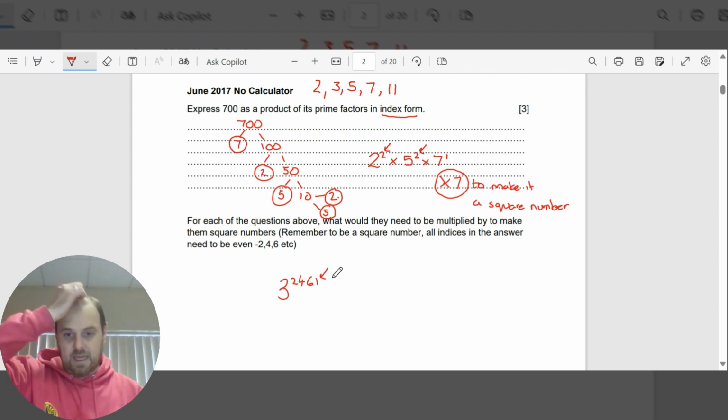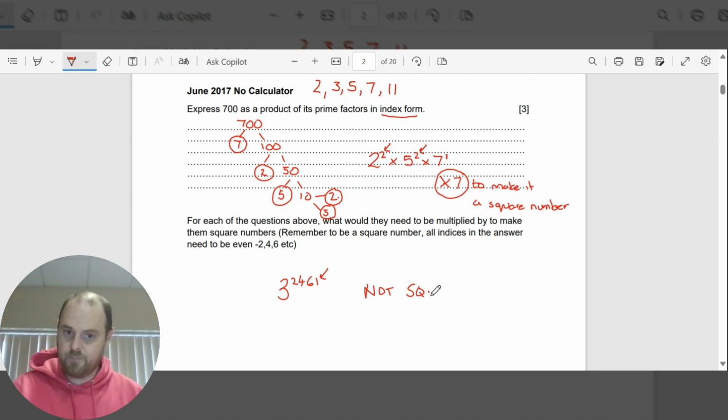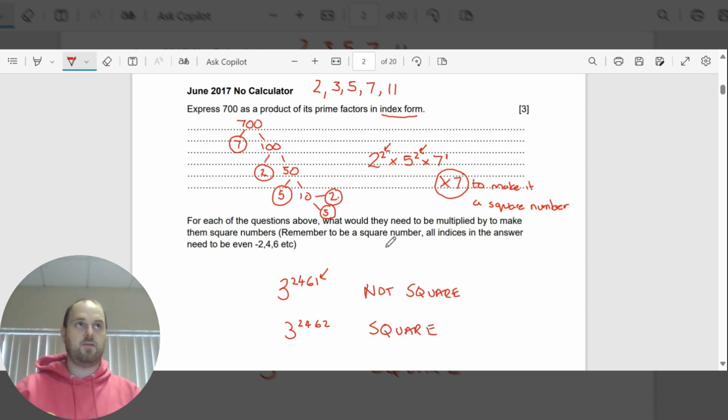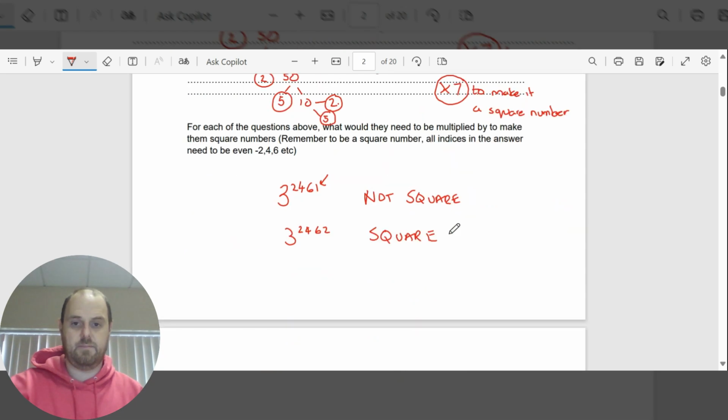Well, it's an odd number, so it's not a square number. However, if it was 2, 4, 6, 2, then it would be a square number because the index is even. So even indices mean square numbers. Okay?